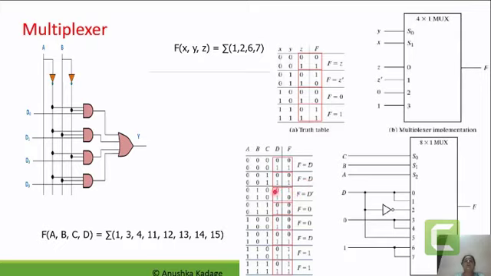Then in the next combination we are finding that F is equal to D dash. So we will keep F as equal to D dash. Here for this particular group of min terms, we are not finding that the relationship F is equal to D or F is equal to D dash is true for both the input combinations, and that's why we will specify F is equal to 0.